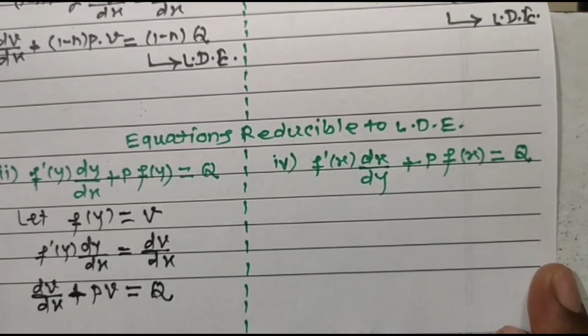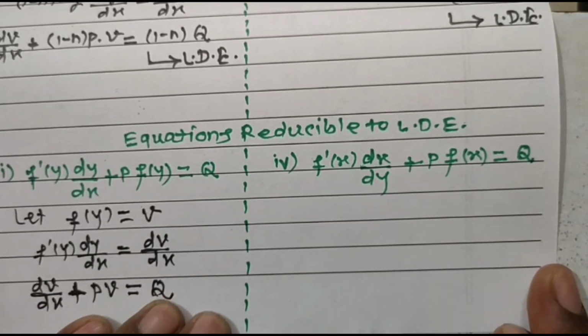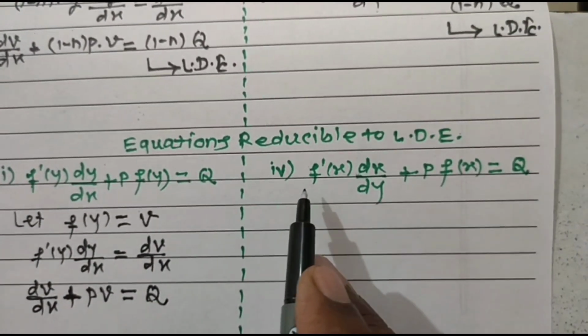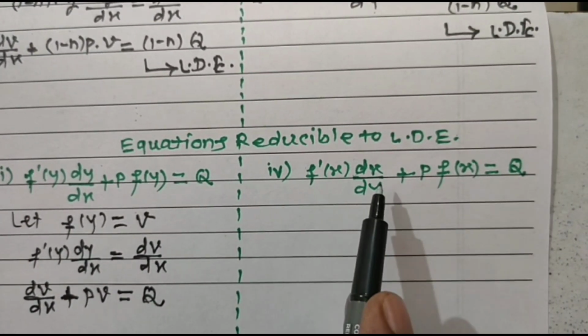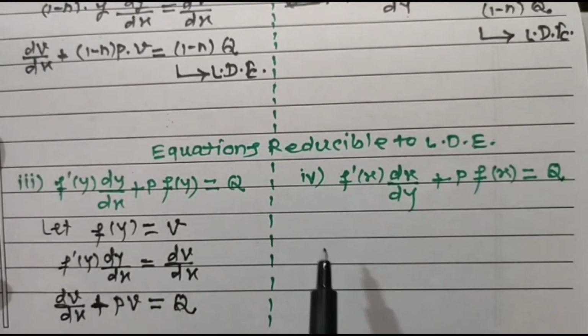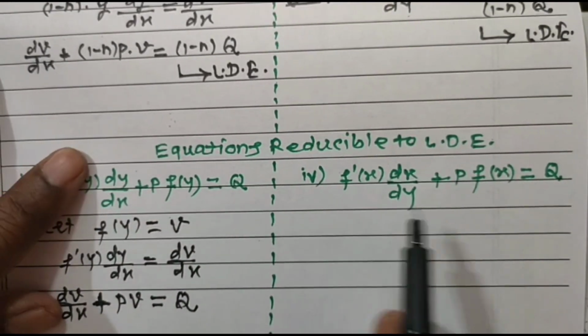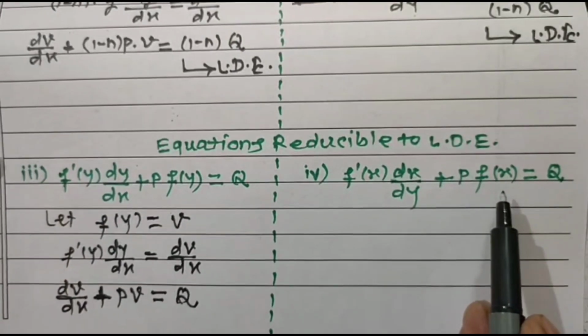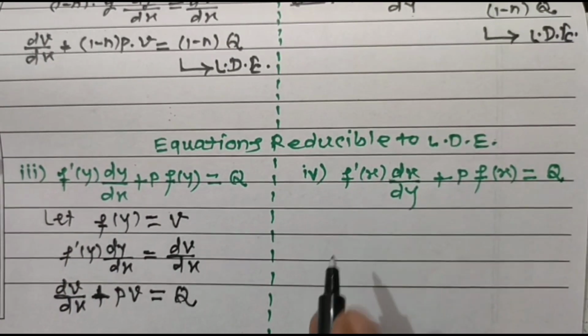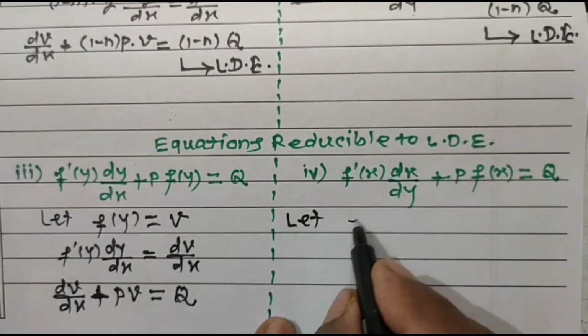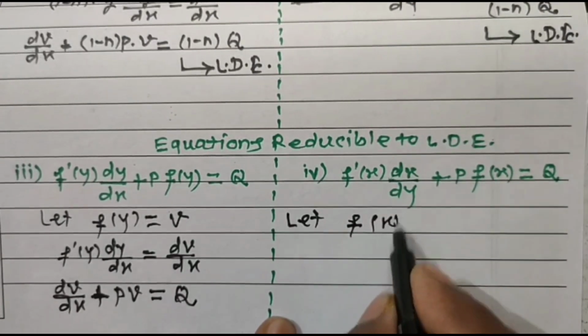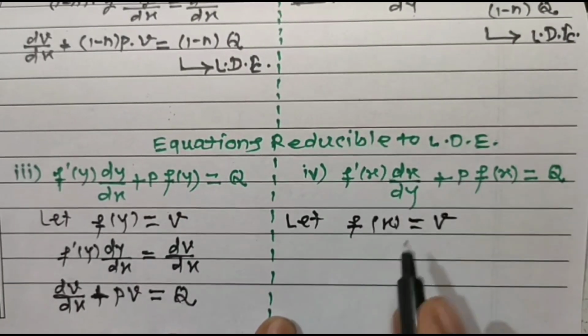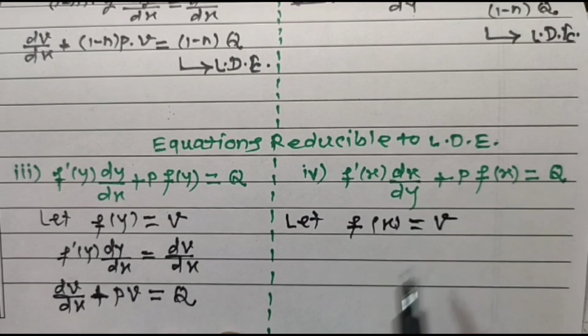Now the last type, or last form, that is the fourth form of non-linear differential equation, is in this form: f dash x dx by dy plus p into f of x is equal to q. In this case, what we have to do? Let f of x is equal to v. Then differentiate this with respect to y.